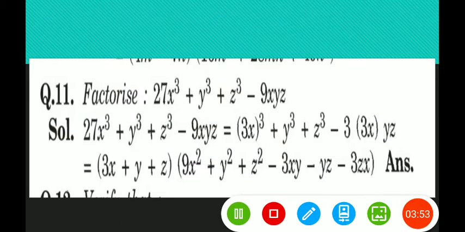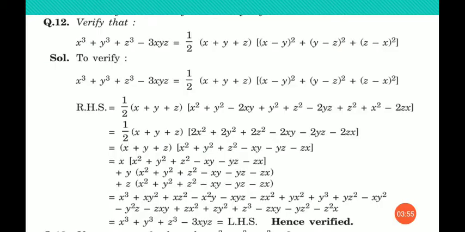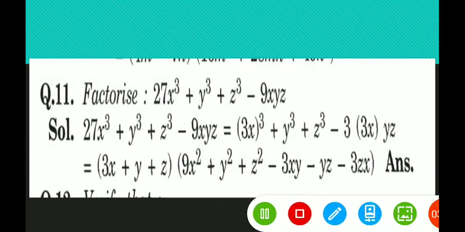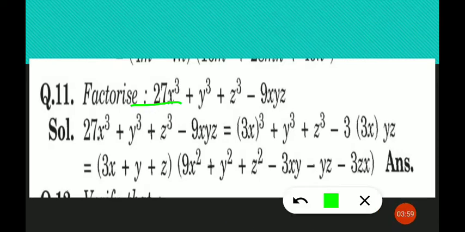So here 27x cube can be written as (3x) whole cube. This is y cube already, z cube already, and 9xyz can be written as 3 into 3x into y into z.